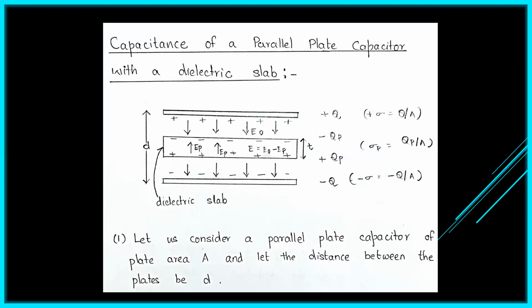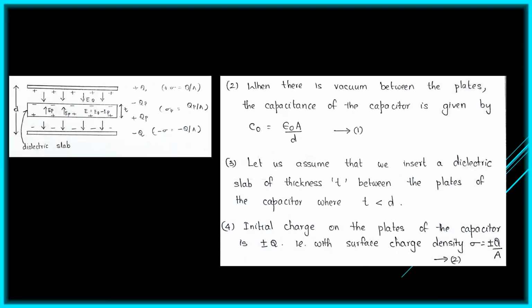Each plate of the capacitor has an area capital A and the distance between the plates is d. Now, when there was vacuum between the plates, we derived in the earlier video that the capacitance of the parallel plate capacitor was given by C is equal to epsilon naught A by d.